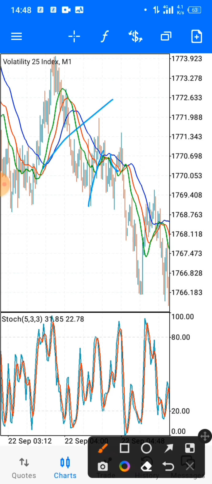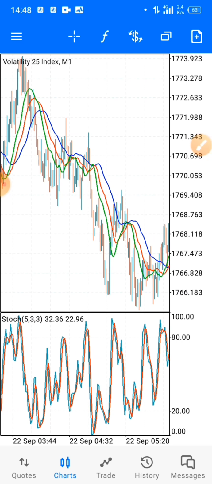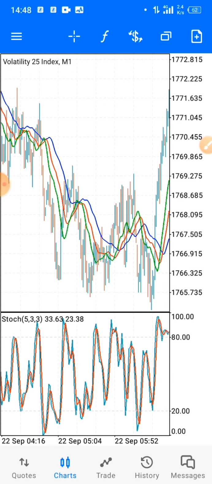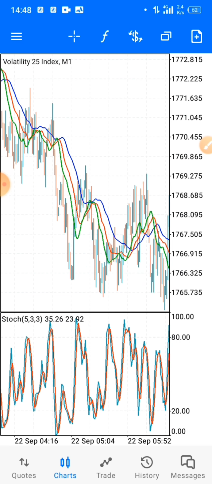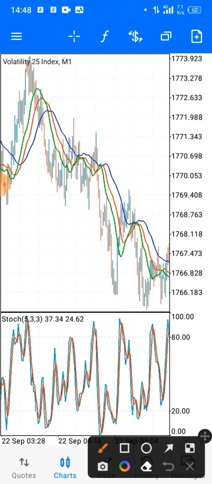After they pull back there, we'll then look at our stochastic oscillator for entries. Here we enter when our stochastic reaches the level 80 right here. This is for a sell. So if the stochastic crosses over at the level 80, we enter our sell.